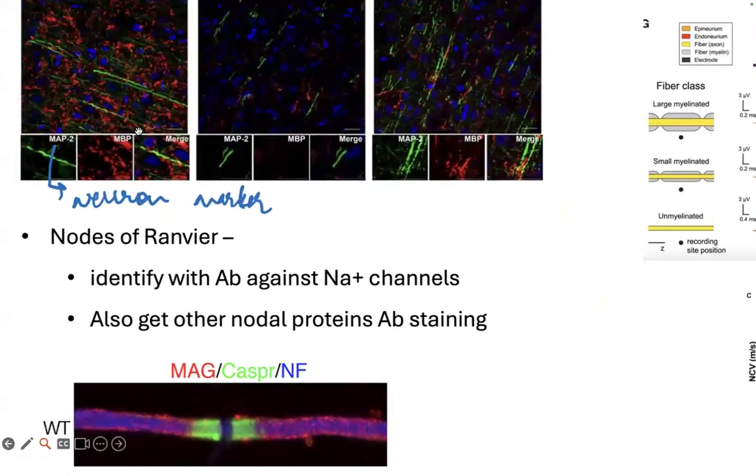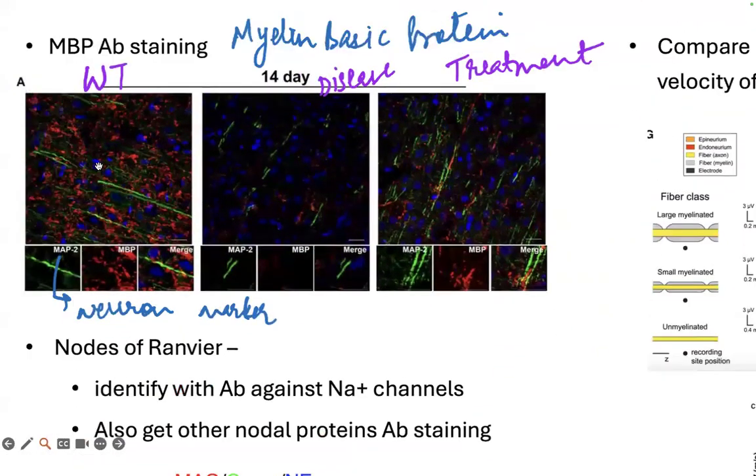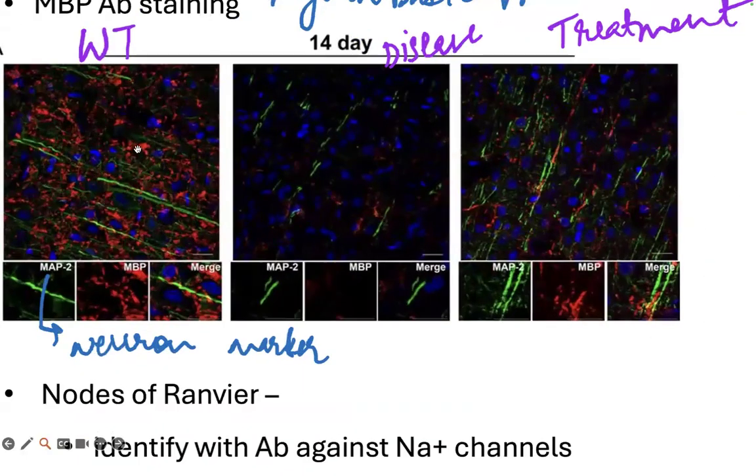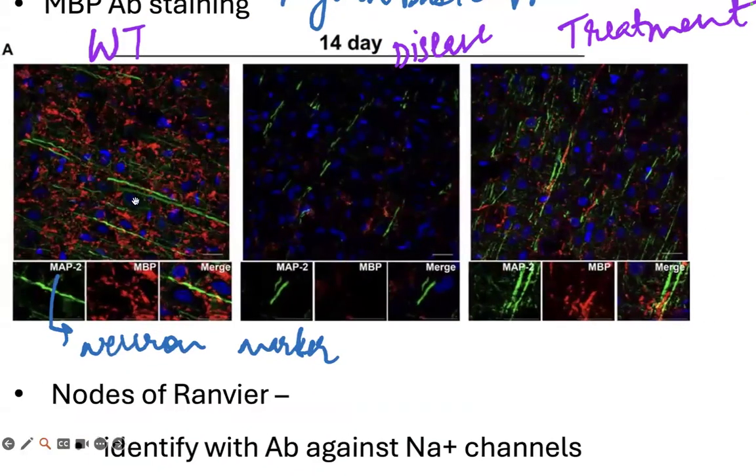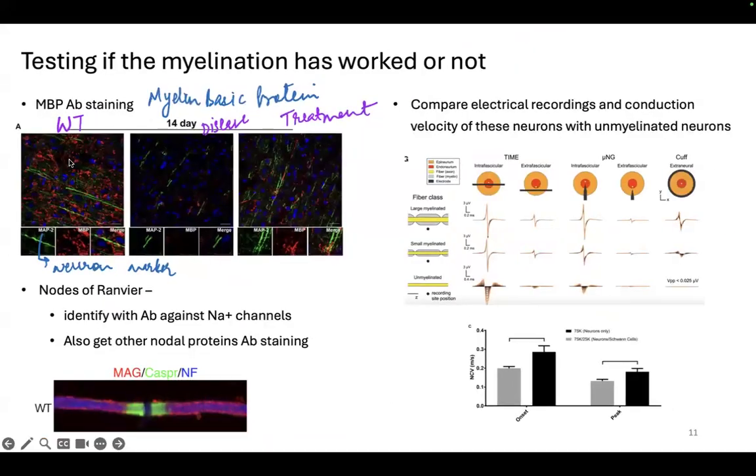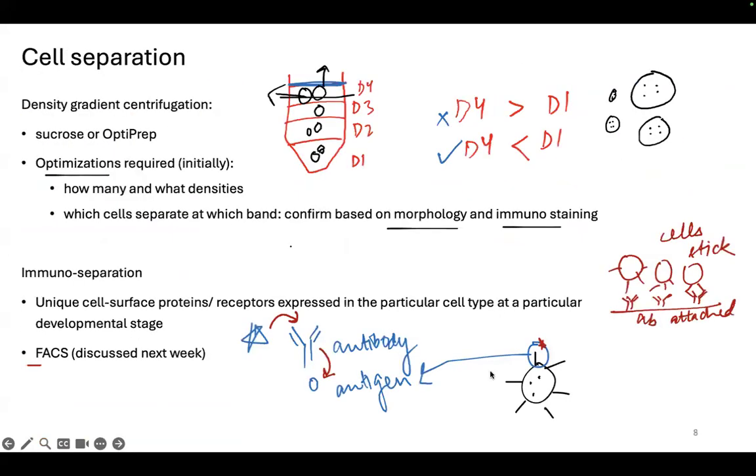Now, of course, if you want to test if the myelin basic protein is around your neurons or not, at this resolution you probably can't see it. So you can go on and do these immunofluorescence. Again, these are called immunofluorescence because it's the same concept of FACS that we just saw a couple of slides back.